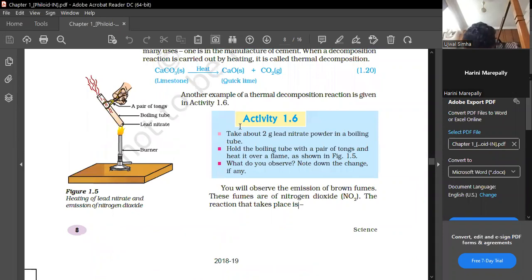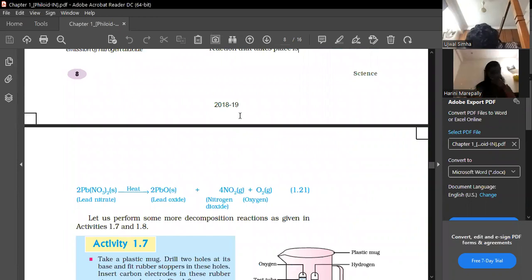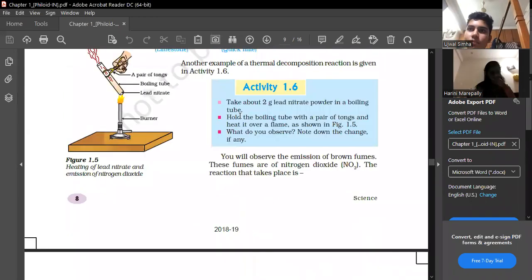So you have to study each and every line in the textbook. It's very, very important.